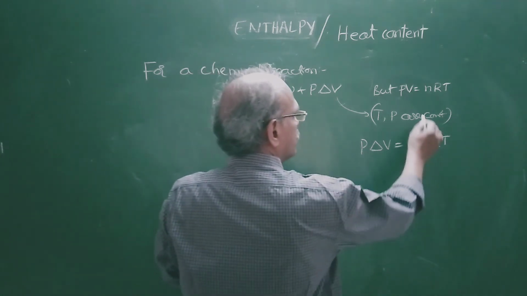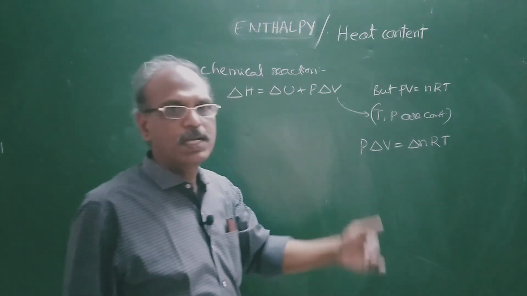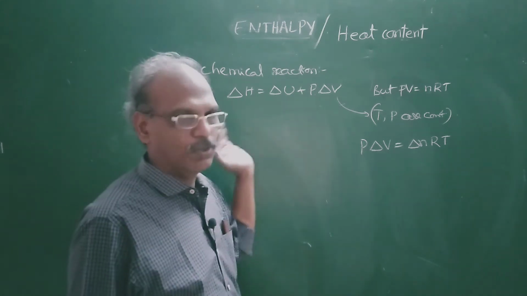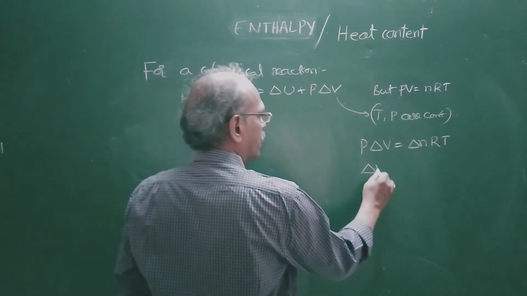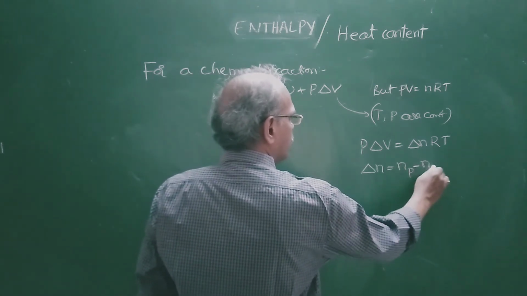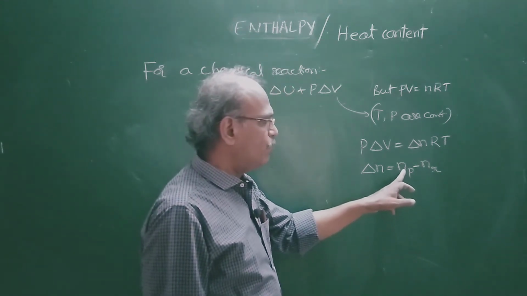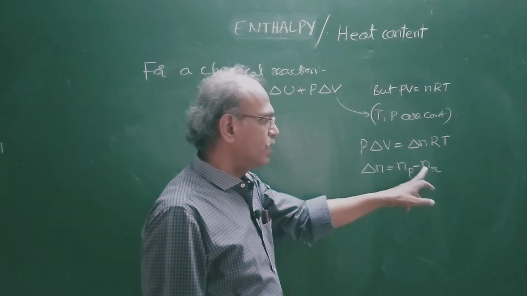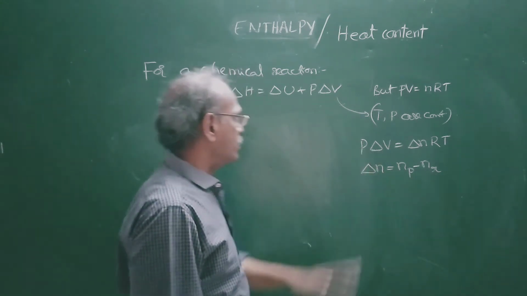And remember that this is a gas equation, so delta n is applicable for the gaseous state only. Therefore, for a chemical reaction, delta n is equal to Np minus Nr, where Np is the number of moles of gaseous products and Nr is the number of moles of gaseous reactants.